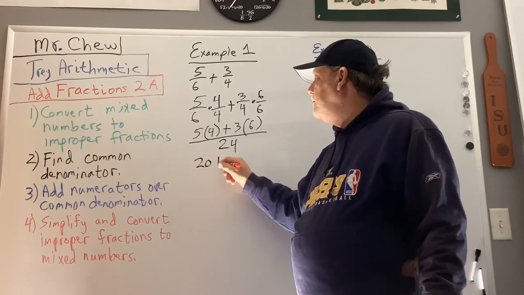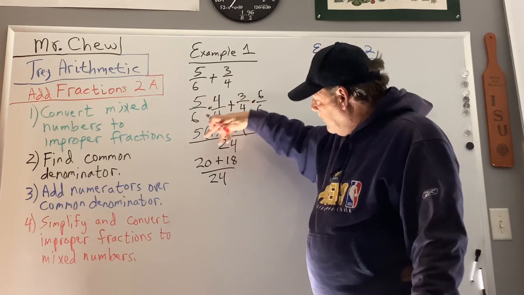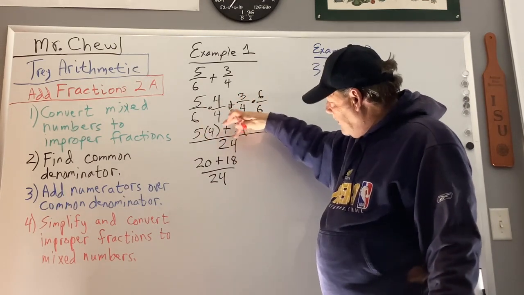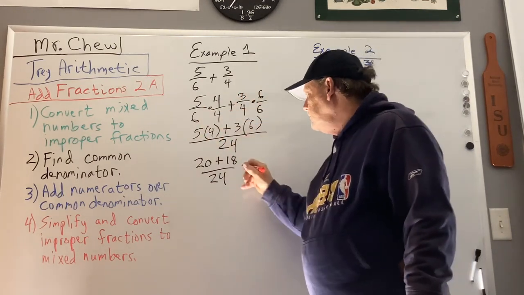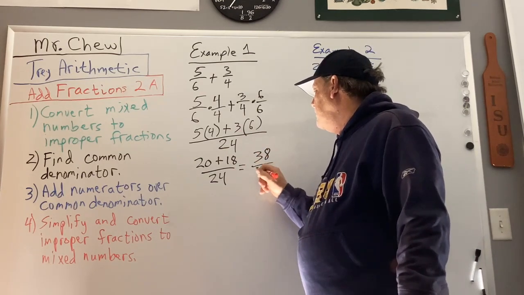So 20 plus 18 over 24. 5 times 4 is 20. 3 times 6 is 18. I add those up. I get 38 over 24.